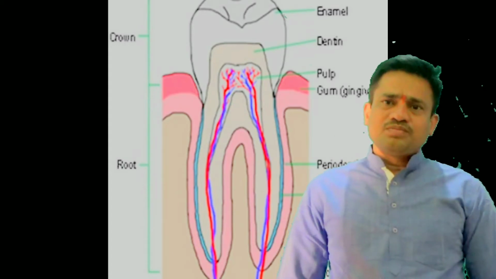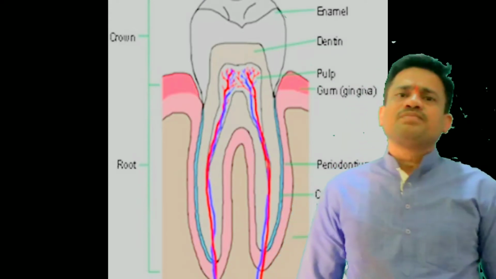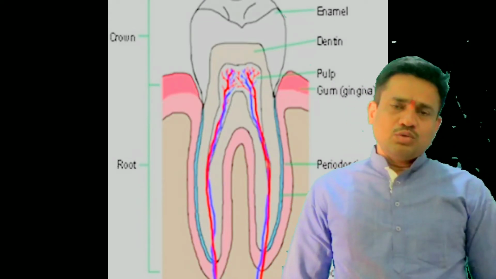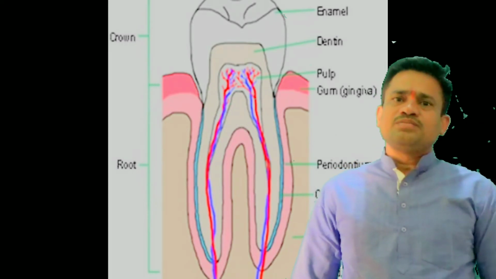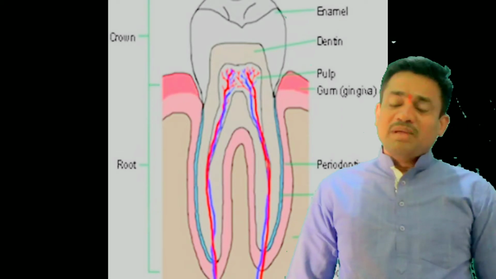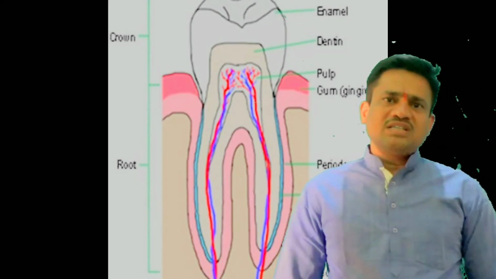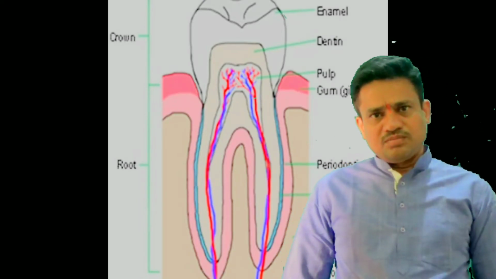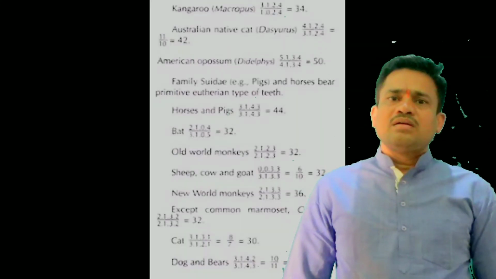Diphyodont means in the lifetime of an organism there are two sets of teeth. First set, milk teeth; next the milk teeth are replaced by permanent teeth. That is diphyodont dentition. Totally 32 in man, with 20 milk teeth.